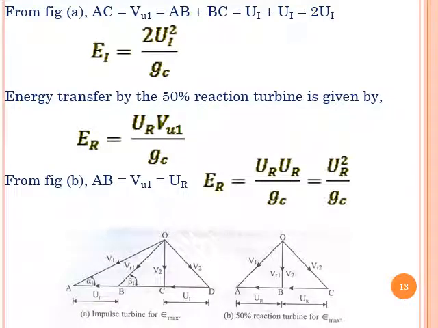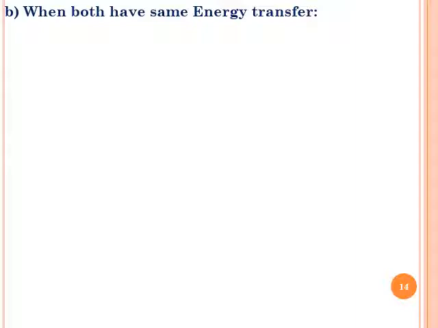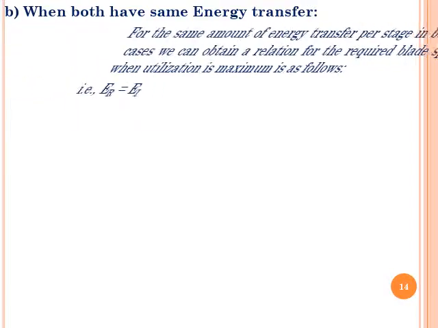With respect to that, the energy transfer in reaction turbine is equal to UR into UR, that is UR square by GC. So when both have the same energy transfer, this is the second condition for the impulse turbine as well as the 50% reaction turbine.